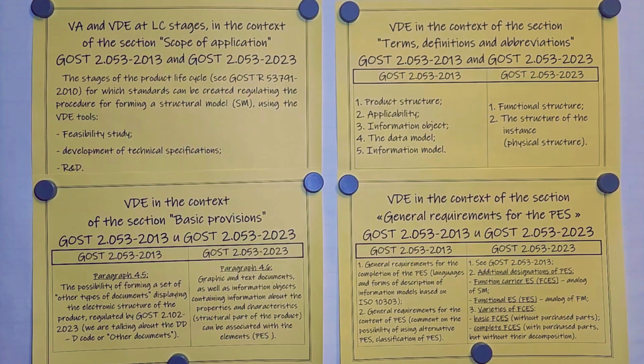In this case, it should be taken into account that both terms are translations from English. In particular, the translation of the terms functional structure and instance structure. The functional structure in GOST means the structure of a product formed from elements describing the functions of the product and its components and connections between them to display the method or methods of its intended use.